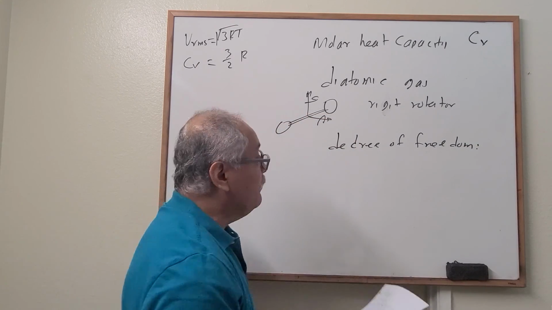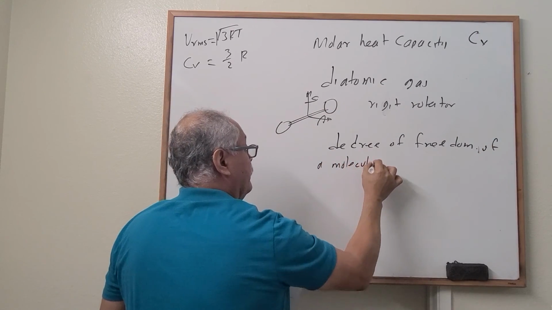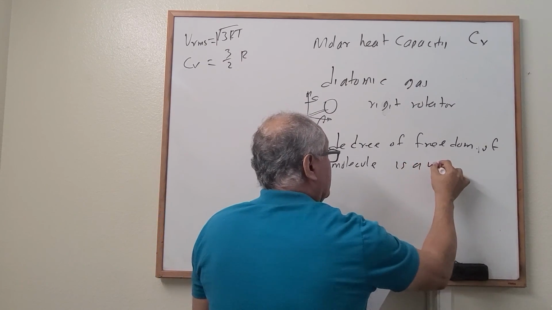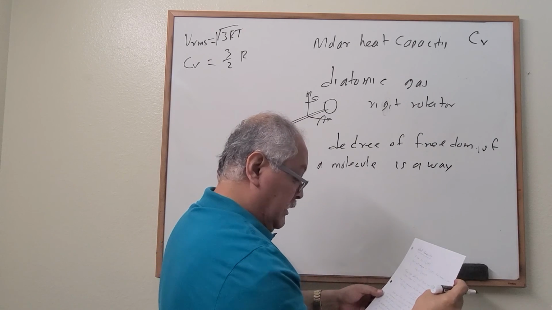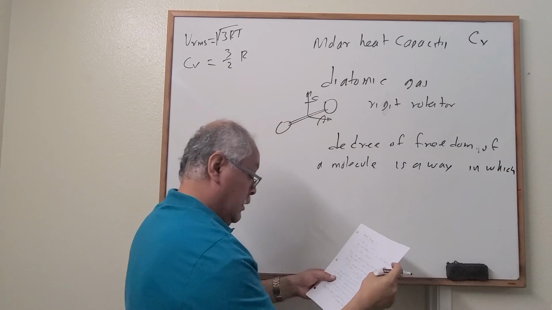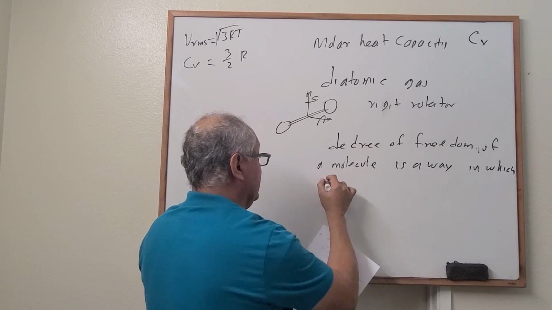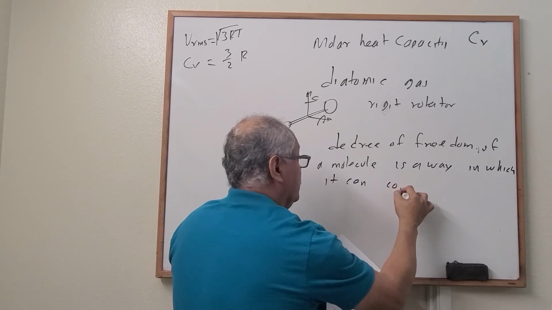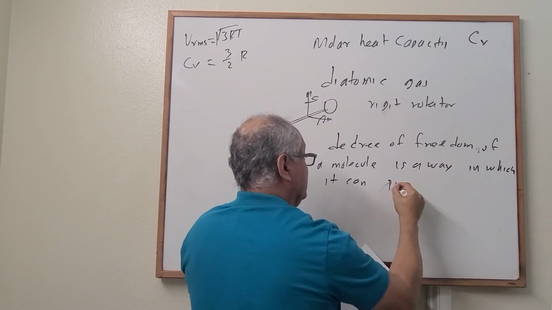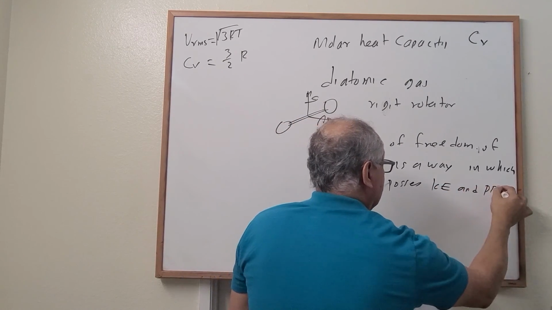The degree of freedom of a molecule is a way in which it can possess kinetic or potential energy. It can possess kinetic energy and potential energy.